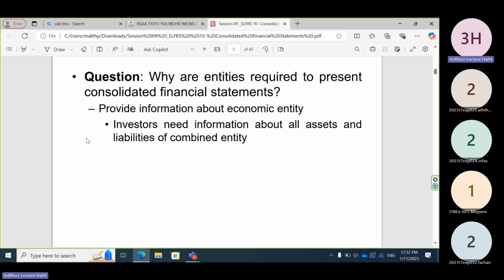Basically, they have invested to increase their wealth. Wealth means, in other words, net asset. To evaluate the net asset, you need to see the combined size. That's what you do.